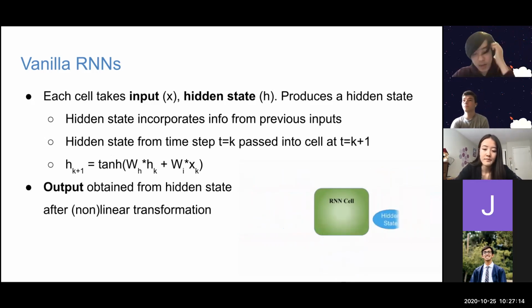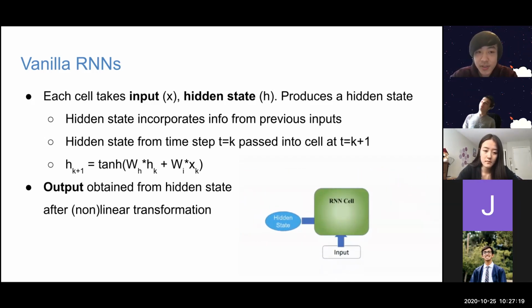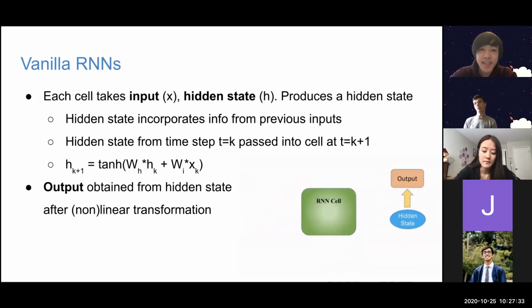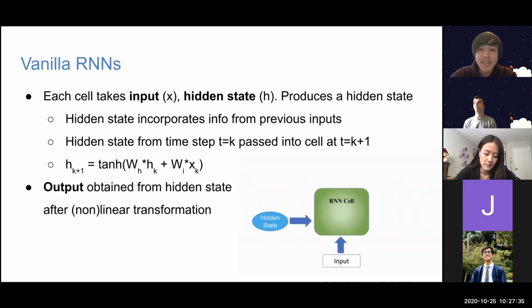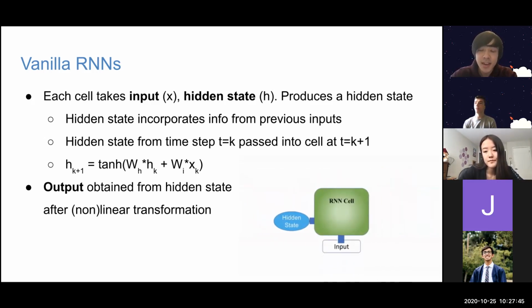And so if you want to obtain output from this, oftentimes you can't just use the hidden state directly as output, because sometimes you want the hidden state to encode more information than what your output needs. So the way people generally obtain output is they take the hidden state, for example, the hidden state produced from time step k, and then at time step k, they produce as output a linear transformation or a nonlinear transformation of that hidden state. So that could just be a simple weight matrix multiplying the hidden state and then transforming it using some kind of activation function.